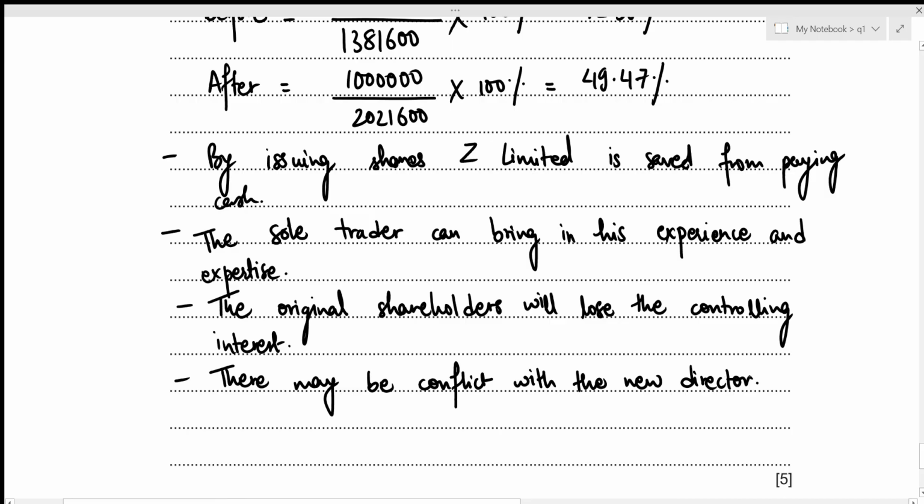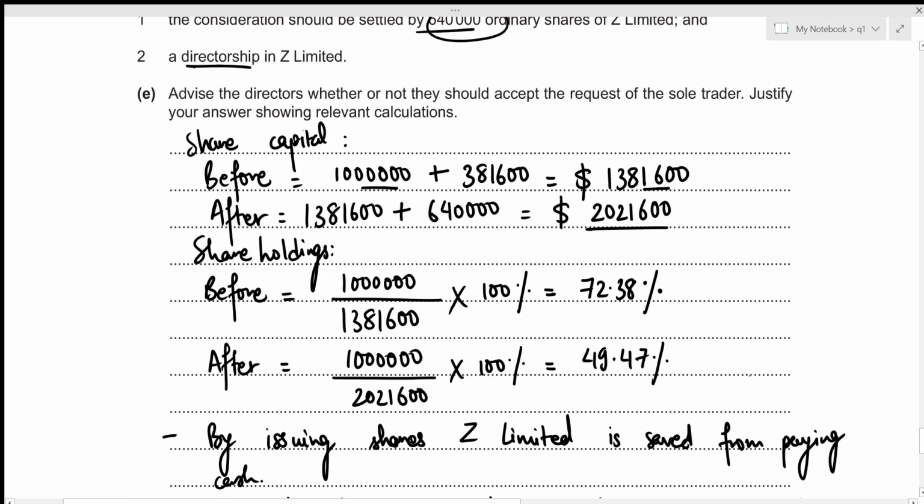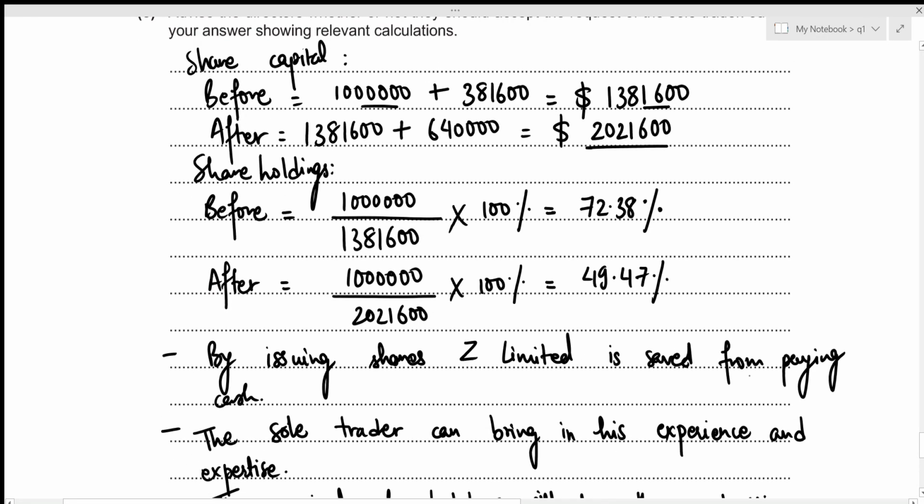Now, based on these factors, we need to advise the directors whether or not they should accept the request of the sole trader. So if we accept the request, then obviously Z Limited does not have to pay any cash for the acquisition of the sole trader, and the sole trader can also bring their expertise, which will enhance the performance of Z Limited. That's a good thing, right?